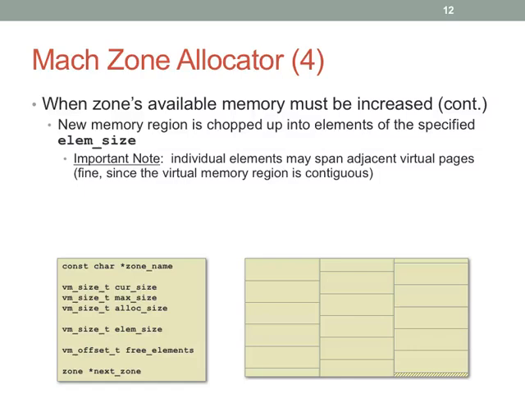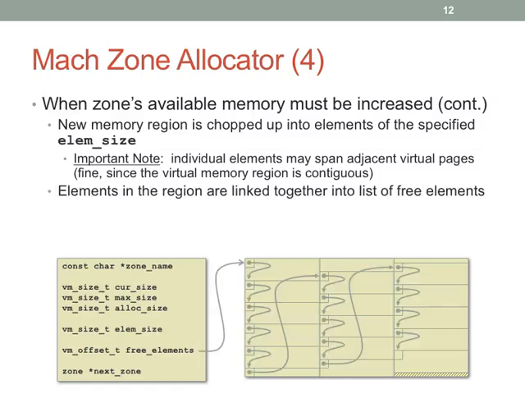It's always going to be some fraction of element size. It shouldn't be a whole element size because that wouldn't make any sense, but it's going to be something less than element size. Okay. Then all of these elements are linked together into a free list because they're all available spaces for an object to occupy. So hopefully you can see how that makes it really easy to do allocations. Okay?